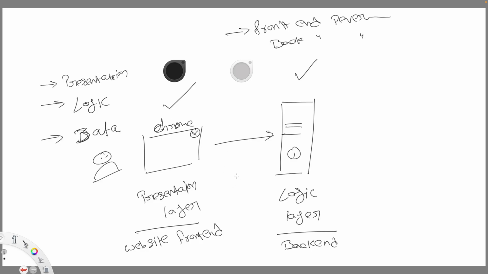This is where integration testing, API testing, comes in, because the backend provides something called an API, Application Programming Interface. This backend logic tier provides an API to the front end presentation. The front end developer creates a request according to the APIs provided, so that the server can understand.